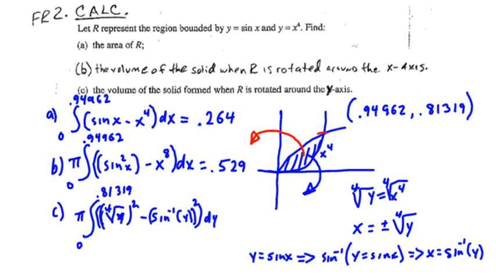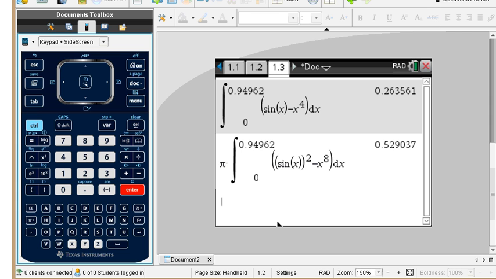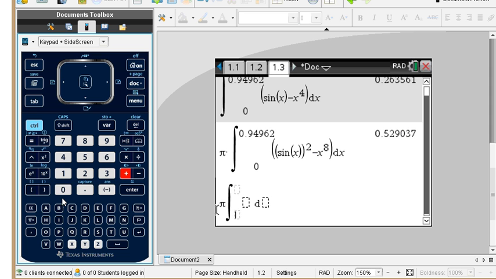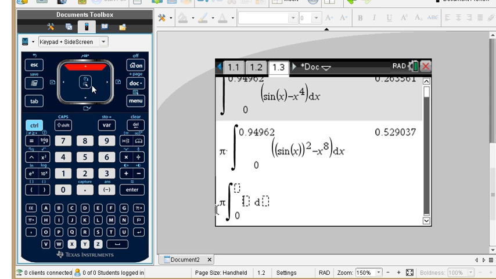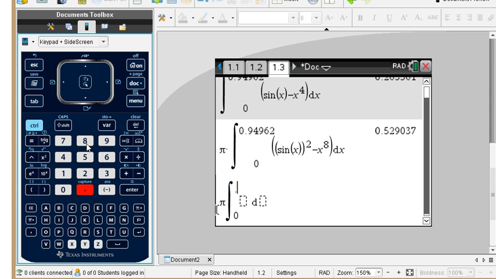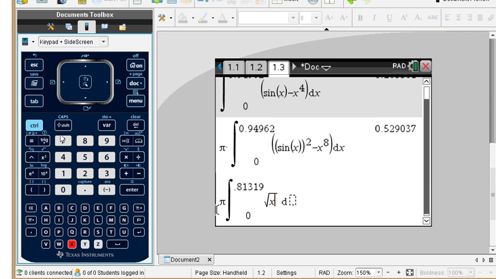So we can go back to our calculator and put in pi. Okay, pi. We'll go shift plus 0, this time to 0.81319. And we had the fourth root squared, so it's going to be the square root. We'll just put x instead of y here.